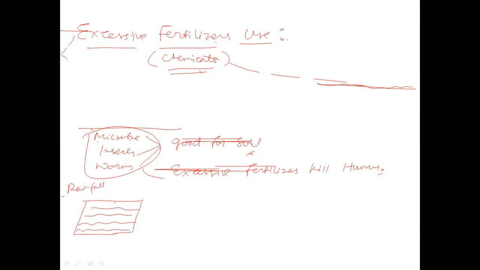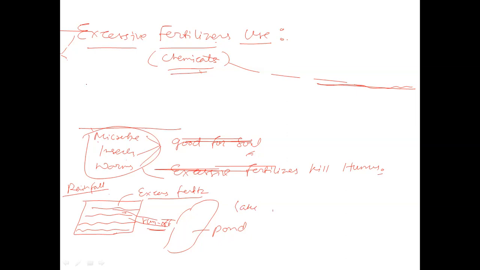When this land has an excess amount of fertilizer that it does not require, the fertilizer will run off via small rivers or channels and eventually go into a nearby pond or lake, and it will damage the aquatic life.